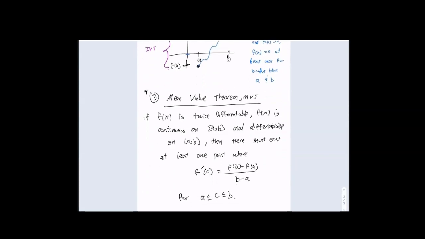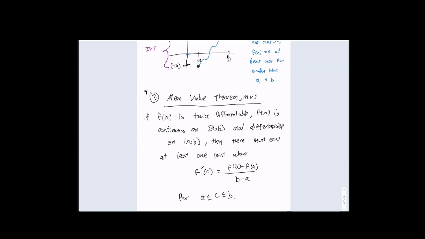Now, it can happen more than once. Just like for the absolute maximum, the absolute maximum can occur at 2 different x values, or even 3 different x values. But we know there is an output that happens at least once.